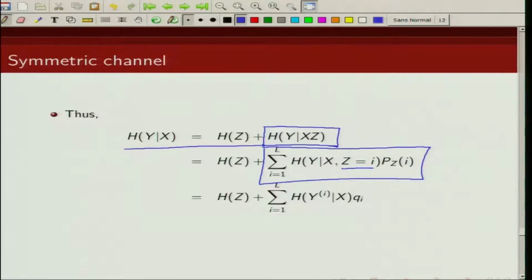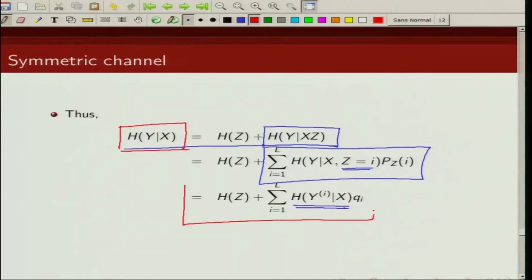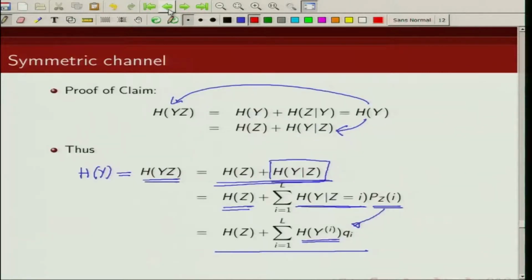Now if I tell you what z is, you know exactly what the channel is. So this can be written as the uncertainty in yi given x multiplied by Qi. So I have gotten an expression for this, and earlier I got the expression for h of y, which was given by this expression.